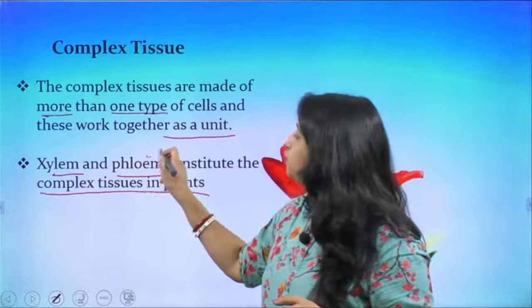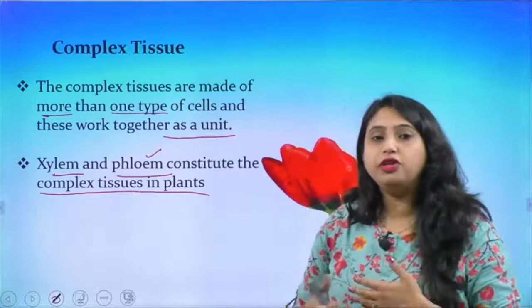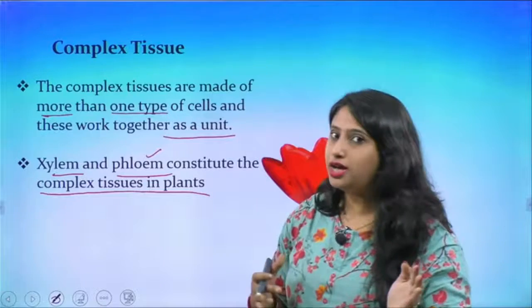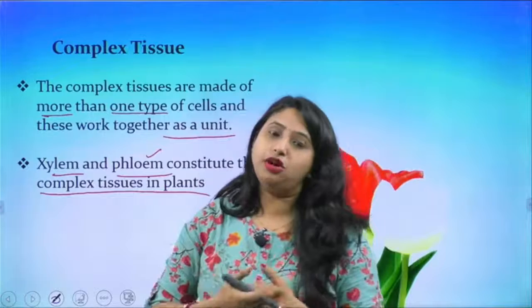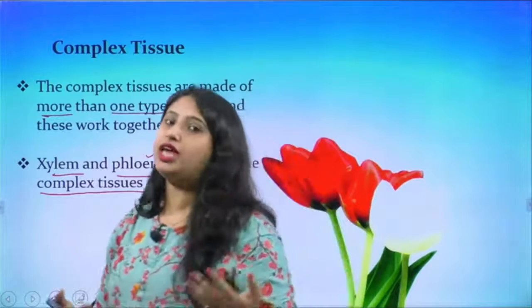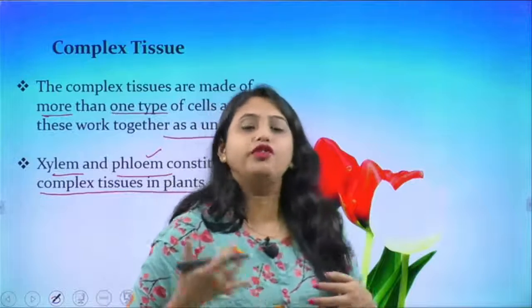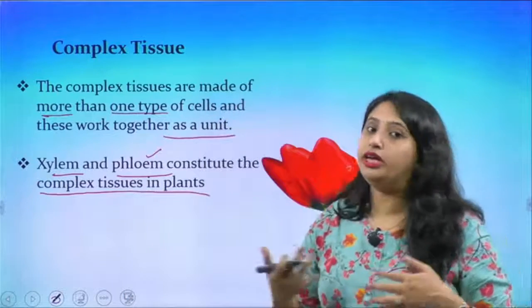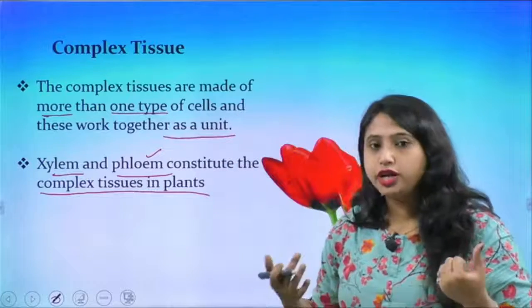And what about phloem? It is responsible for the transportation of food, which you have already studied in your lower classes. Today in this chapter you will learn in detail about xylem and phloem. You will see that the xylem is made up of various types of elements and how they are responsible for the transportation of food and water.